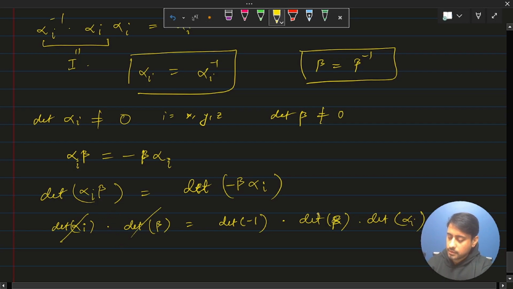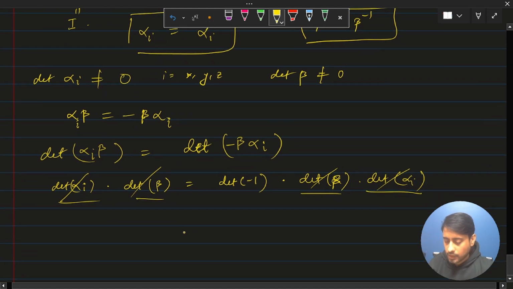Because these are basically numbers. Determinant gives you numbers. So what you have is the determinant of minus 1. It's not actually 1, it should be unit, should be equal to 1.